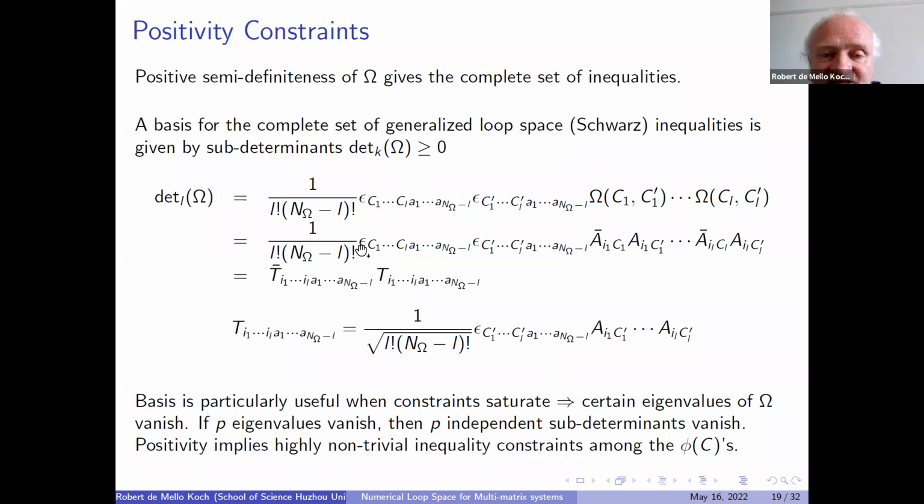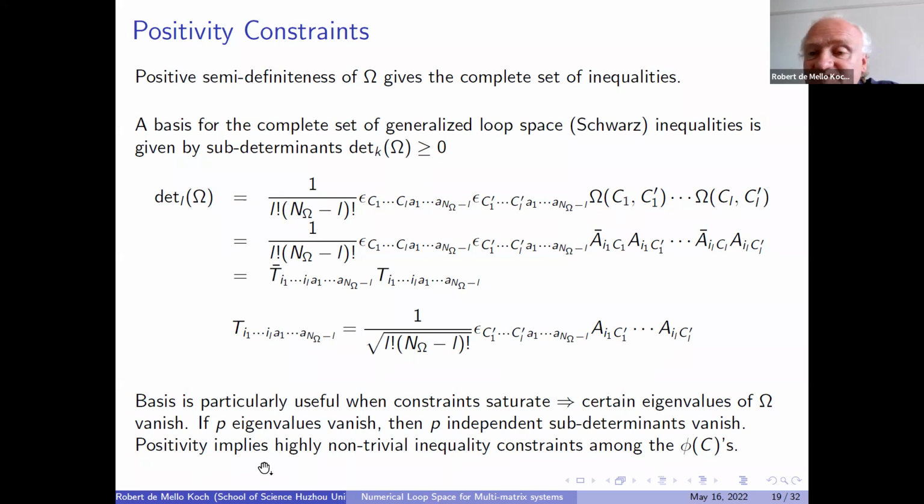The epsilon is the completely antisymmetric symbol with n indices, and you contract a certain number of epsilon indices with indices of capital omega, and you calculate that sum. This is something that is manifestly positive. So you can see that each subdeterminant is manifestly not negative, so each subdeterminant has to be greater than or equal to 0.